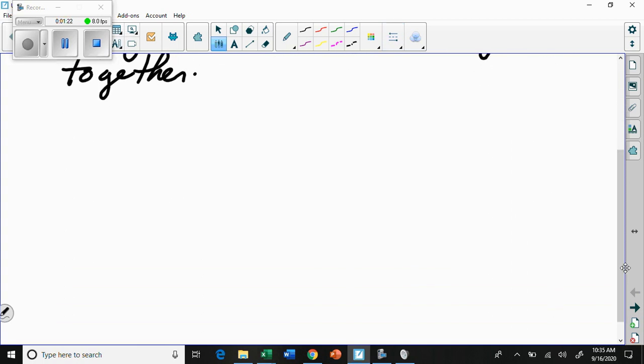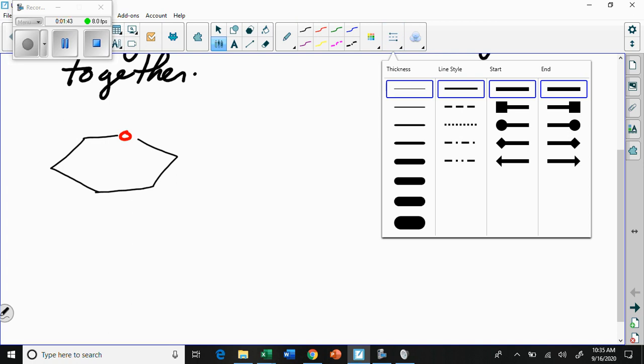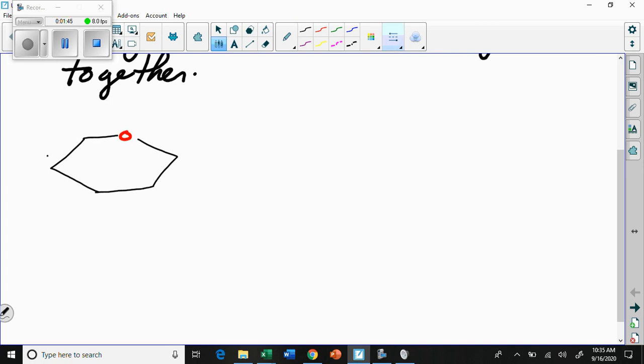I'm going to have to draw this a little bit smaller in order to make this work, so hopefully you'll be able to see it. Okay, so let's make a little alpha glucose right here with our little O in it. And this will be the one on the end.